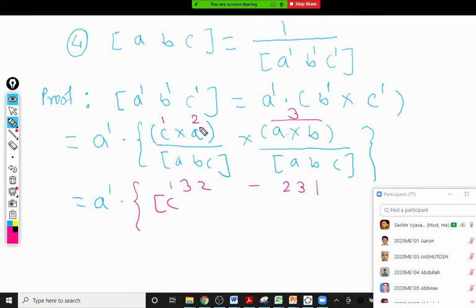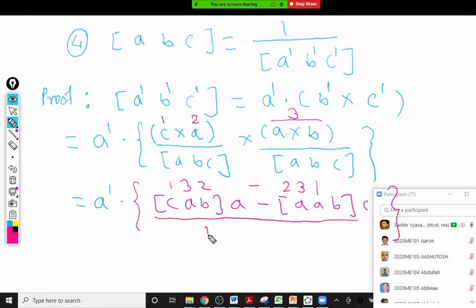So 1 and 3 I'm taking, the box of CAB into A, minus 2 3, box of AAB into 1, that is C, divided by box ABC squared, because this is 1 and this is again one more time. So this is squared. I hope that is clear.